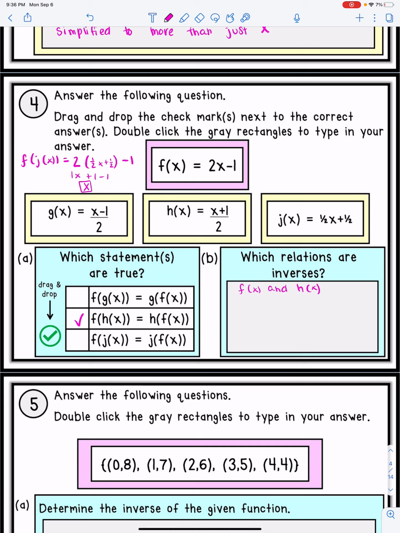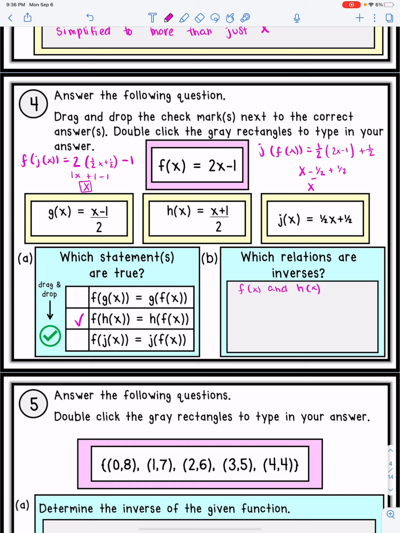Okay, now we want j of f of x. So j, I should use lowercase, j of f of x. So start with j, so 1/2, leave x plus 1/2. We're going to put f inside, so 2x minus 1. 1/2 times 2x is just x. Half of 1 is a half, so minus a half plus a half.